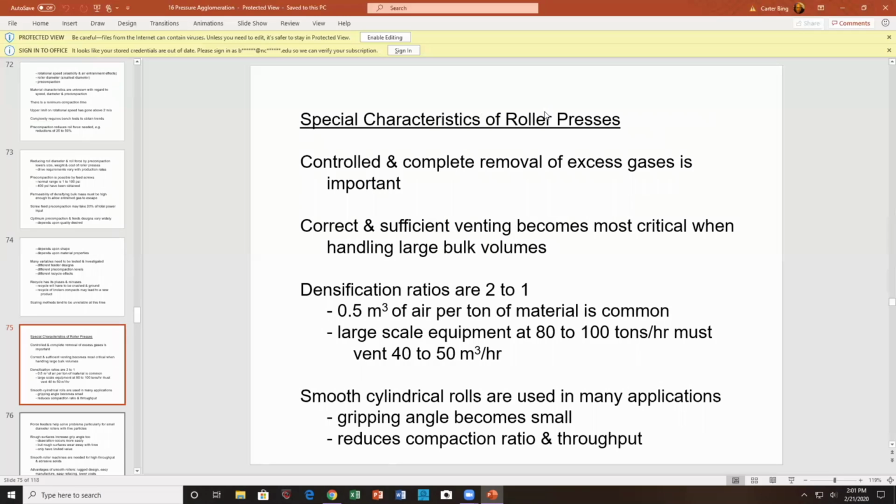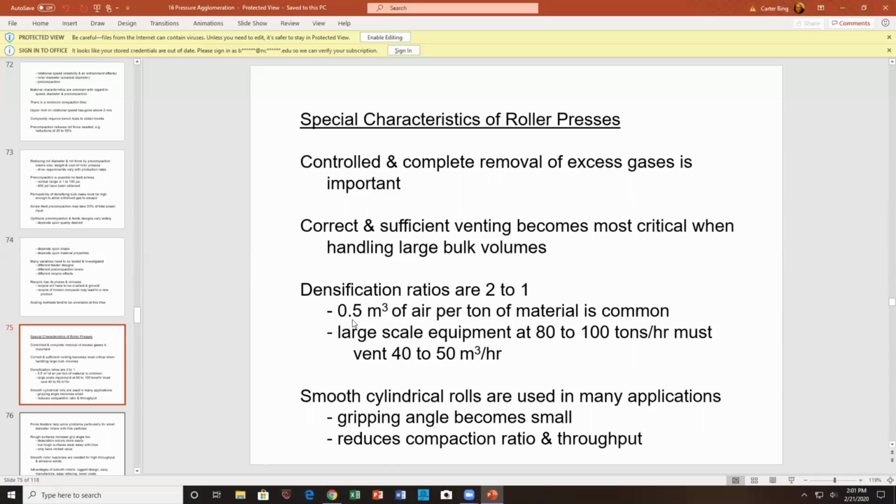Special characteristics of roll presses. Controlled and complete removal of excess gas is important. Correct and sufficient venting becomes most critical when handling large bulk volumes. Densification of 2 to 1, you have 2 going to 1.